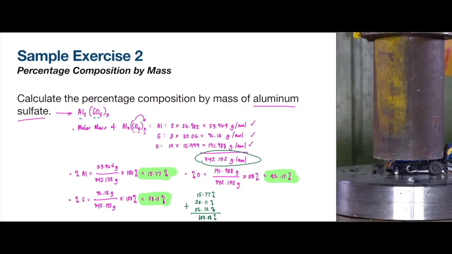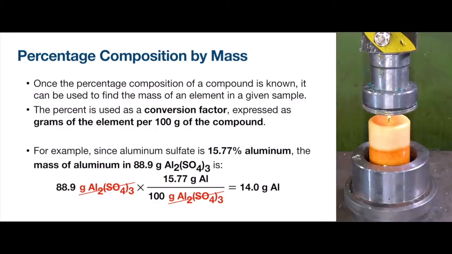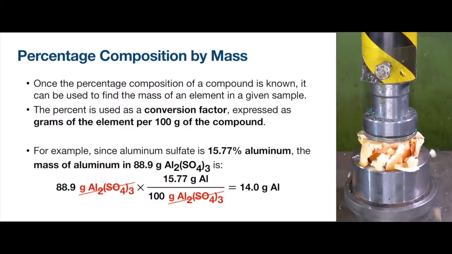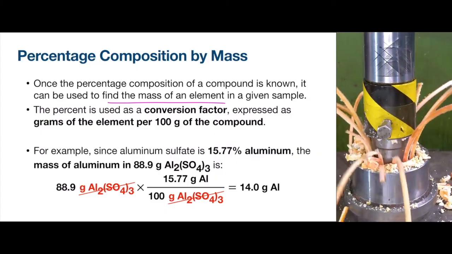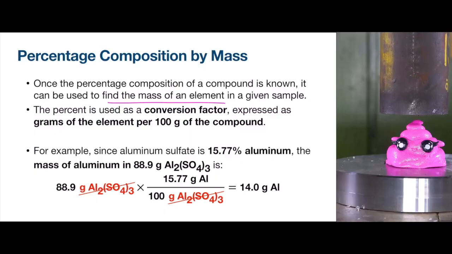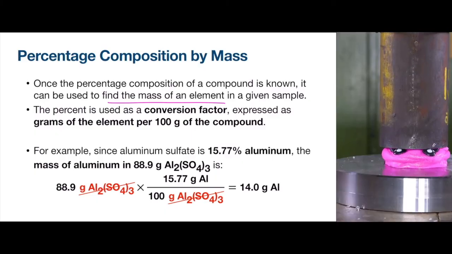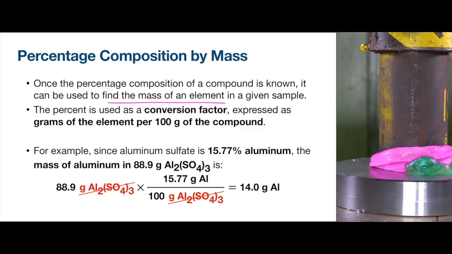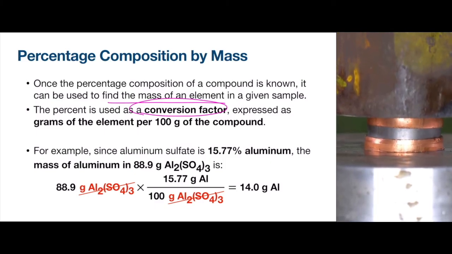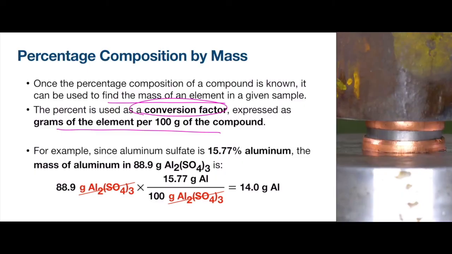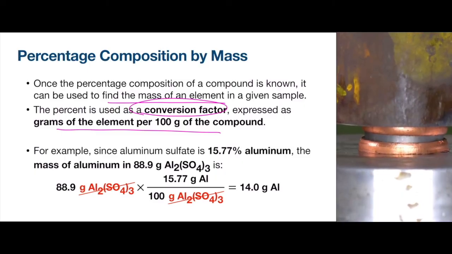To go deeper in this topic, once we know the percentage composition of a compound, we can use it to find how much of a specific element is present in any given mass of the compound. We do this by treating the percent as a conversion factor, expressed as grams of the element per 100 grams of the compound.